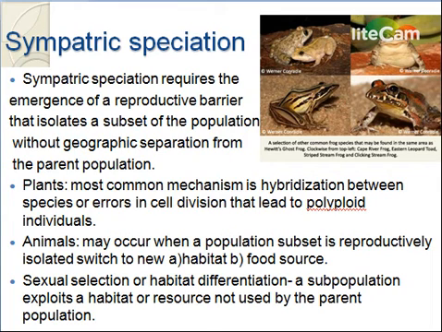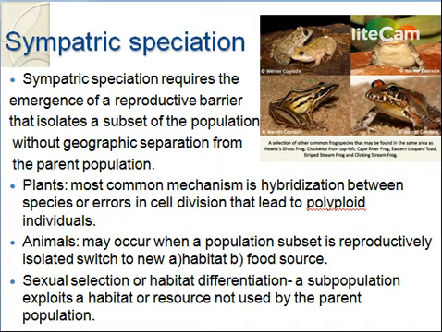This is part 4 of chapter 24, and I just want to summarize sympatric speciation. Again, sympatric speciation is when we have the development of new species who live or have an overlap in their geographic location.